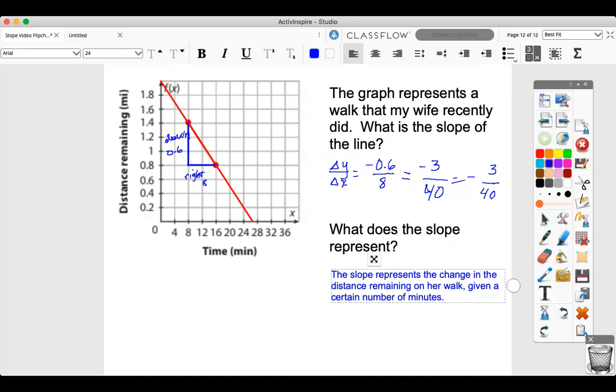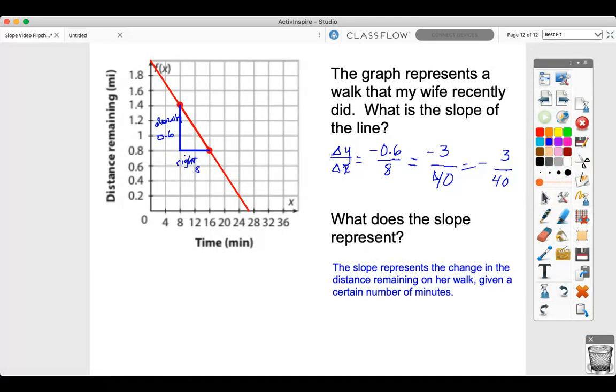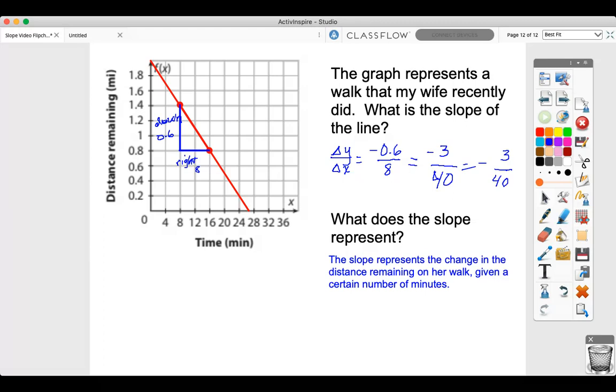That's what the slope represents, and you just have to put it into words. Okay? Try to make it as thorough as possible. So the change in the distance remaining on her walk, given a certain number of minutes. Again, you can use a certain interval of minutes, because it's always a piece of the domain.